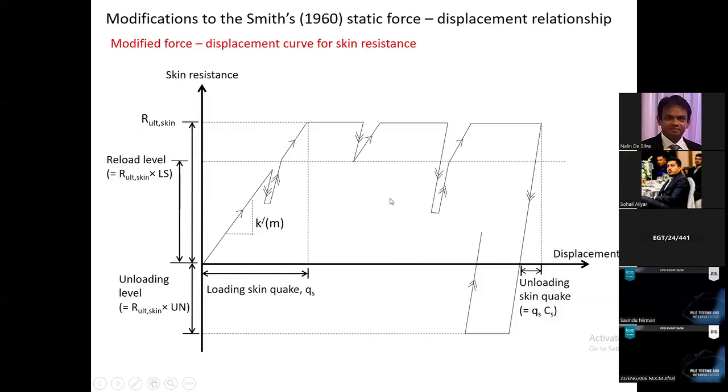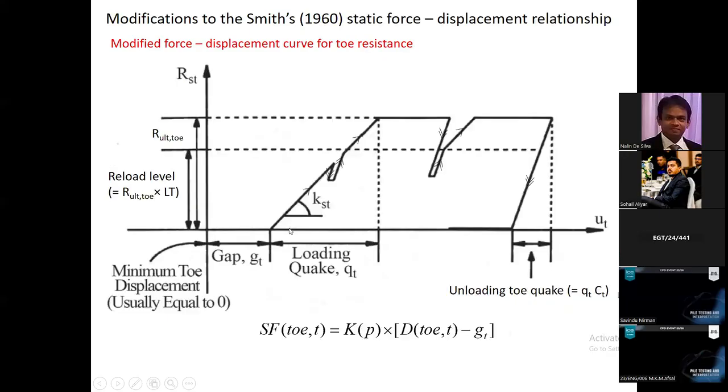Similarly, for the toe response, this is the one used by them in the software. They have introduced this gap, and the loading stiffness and unloading stiffness are different. As a result, the quakes are also different, right? So the software is now using these models, and until there is a perfect match, the software keeps on changing these values.